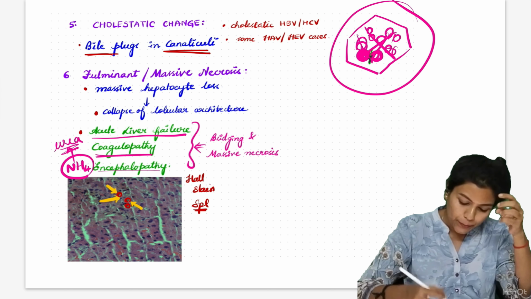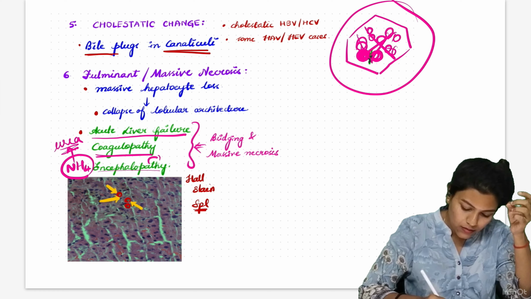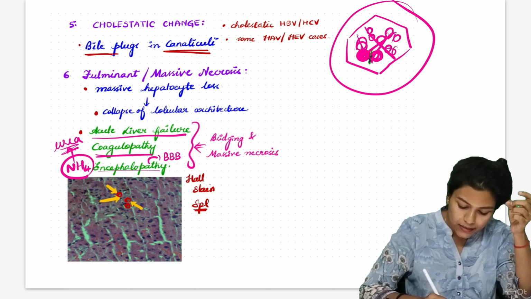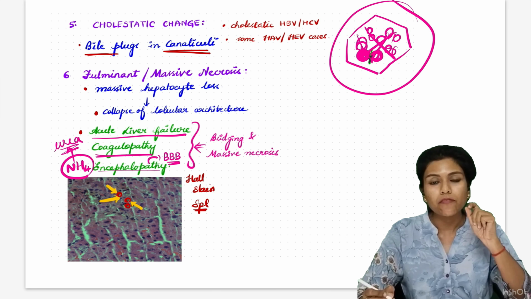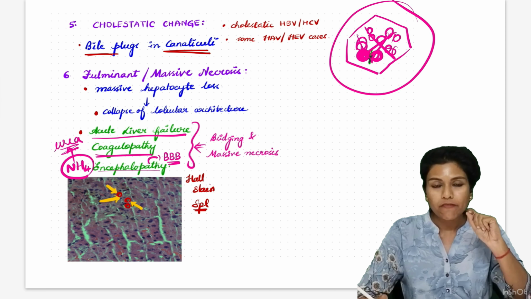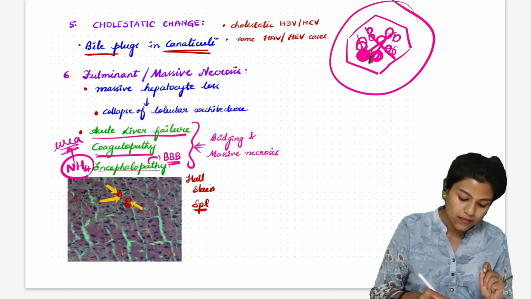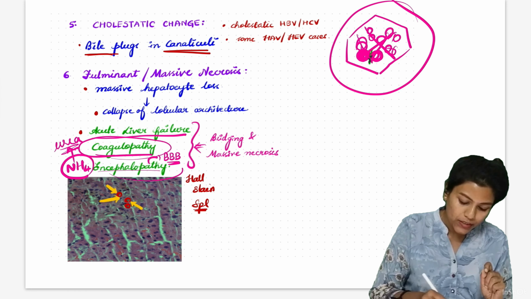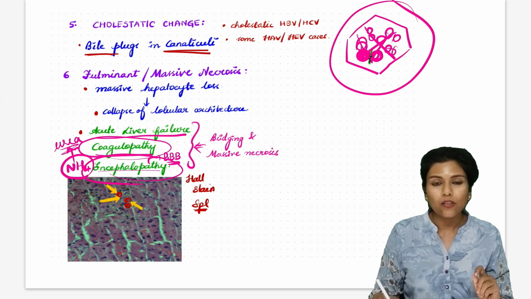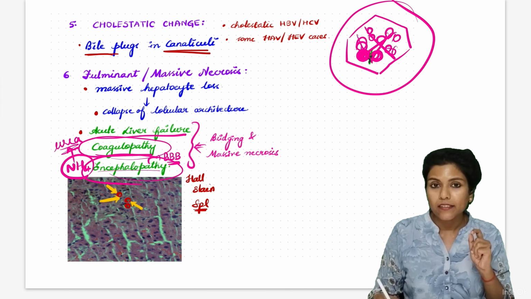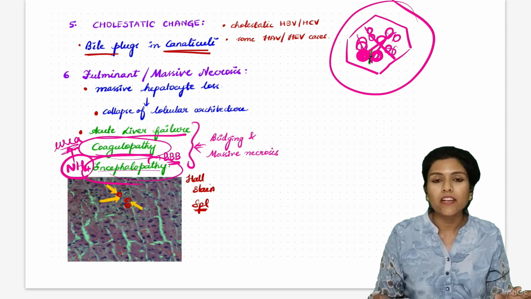It will cross the blood-brain barrier and enter the CNS, which is responsible for the encephalopathy. So in fulminant or massive necrosis, the complications are coagulopathy and encephalopathy as a result of decreased synthetic activity and lost detoxifying function of the liver.